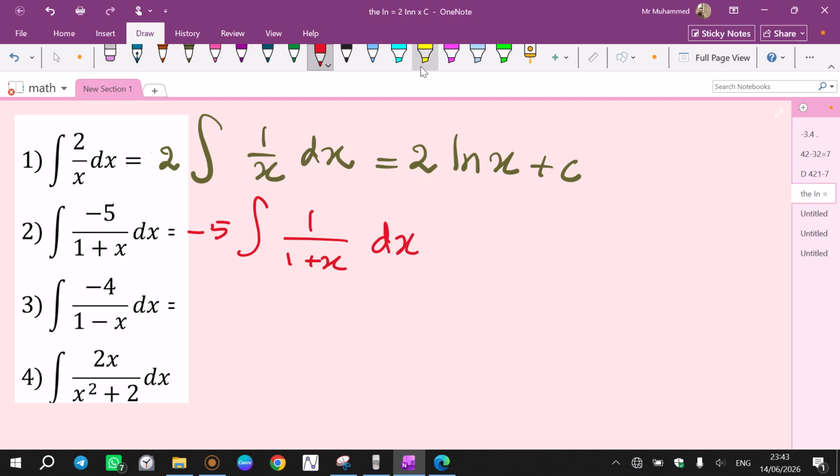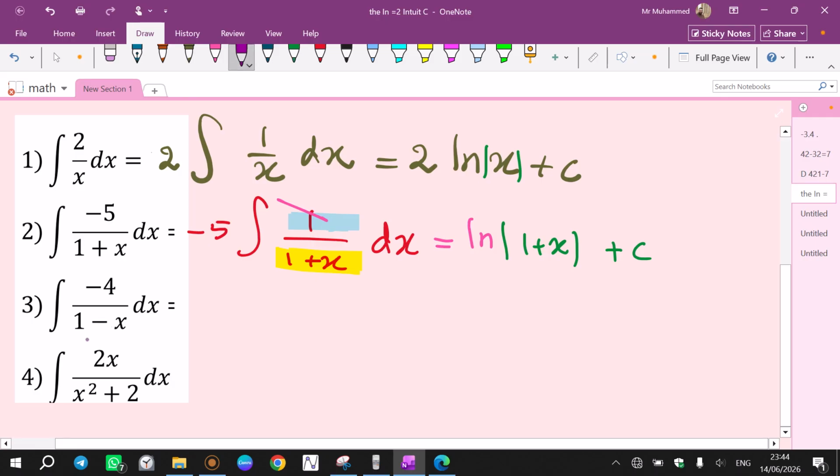Derivative of the denominator, derivative of 1 plus x is just 1. And since I have the 1 up available, I can just ignore the derivative part, ln of denominator. And eventually we write the ln inside absolute value, to prevent ln having negative numbers as input. Now this will be ln absolute 1 plus x, and there's always plus c.